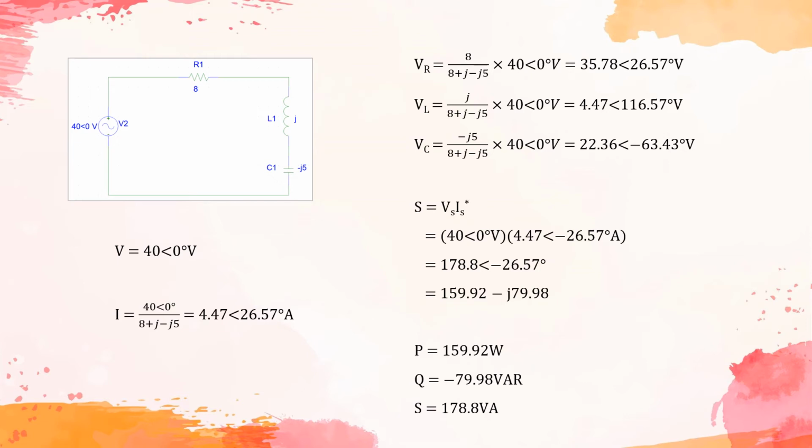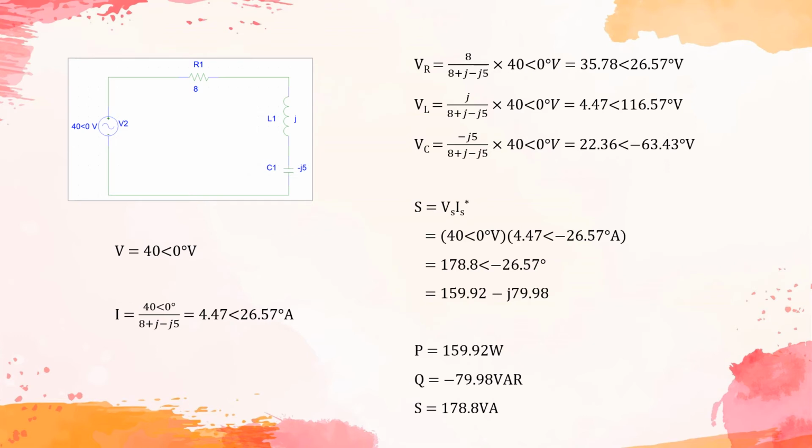So VR is equal to 8 divided by 8 plus j minus j5 times the source voltage 40 with angle of 0. Then we will calculate. We'll get 35.78 with angle of 26.57 volt.